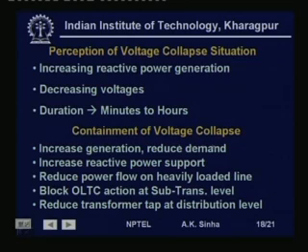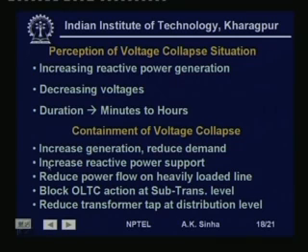So, how do we contain the voltage collapse situation? Well, increase the generation, reduce the demand, so as to match the supply and demand. Basically, this means some load shedding to improve the voltage in the system, and increase reactive power generation from various sources, that is, increase the reactive power support.